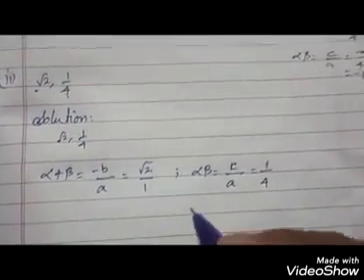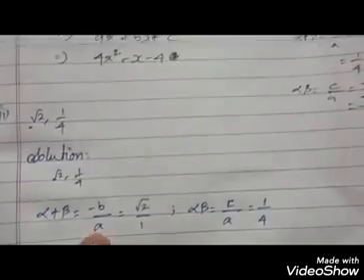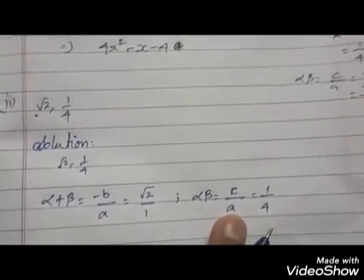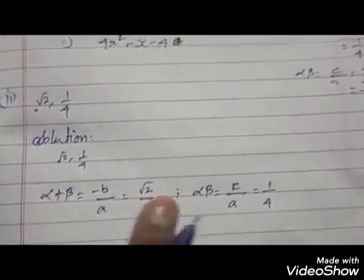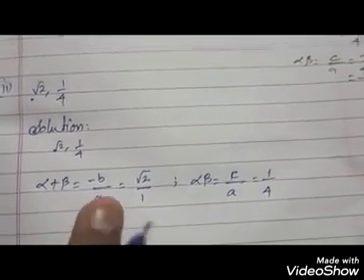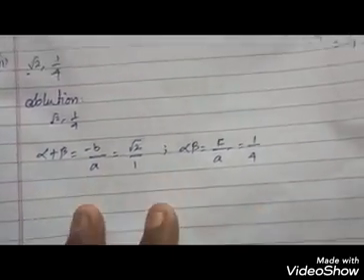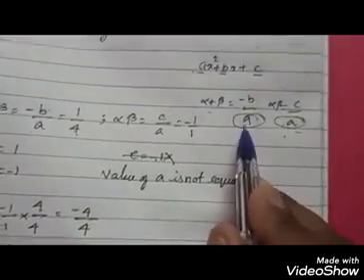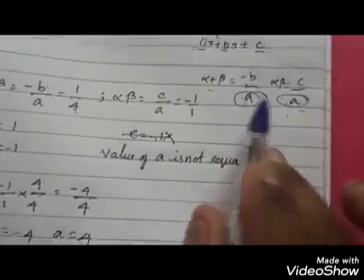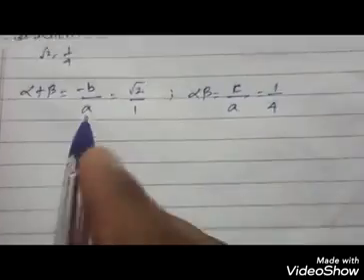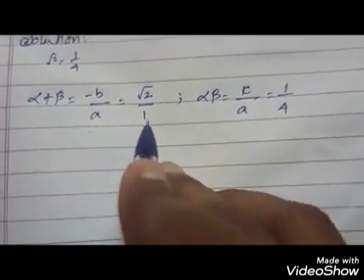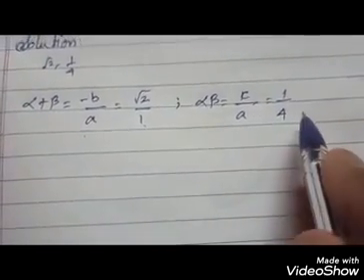Now already I told the value of a, the denominator should be same for alpha plus beta and alpha beta, because the coefficient of x square is the denominator of both sum and product. Here a and a should be equal. Now here a is equal to 1, but here a is equal to 4.